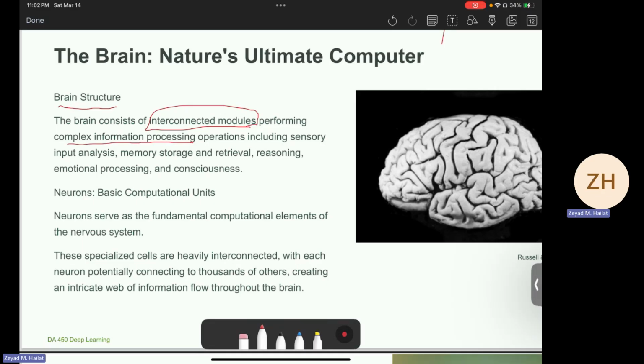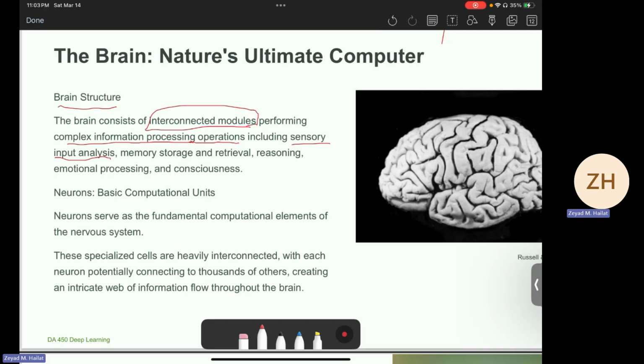You are looking at something, your vision is capturing some information, and your brain will process it and come up with reactions or processing operations that include sensory. We're looking at sensory, like touching, smelling, seeing, all of the senses of a human. These senses act as an input for the analysis. For example, you are touching something that's smooth, or you are smelling something that has a specific odor or smell.